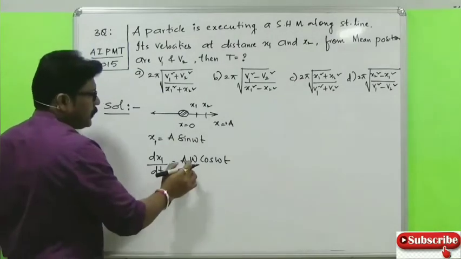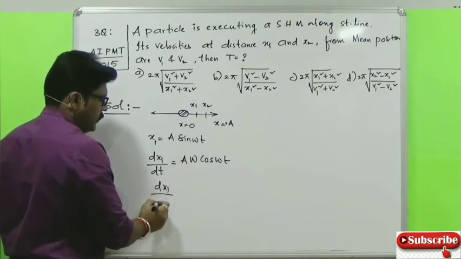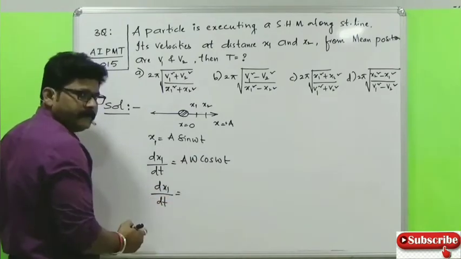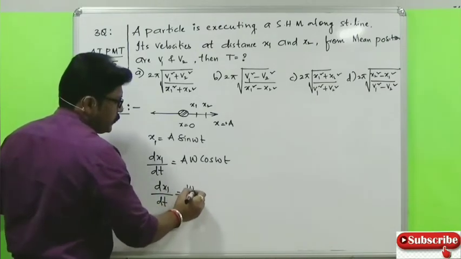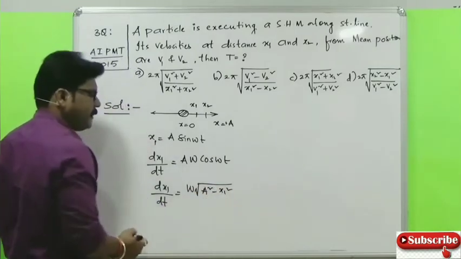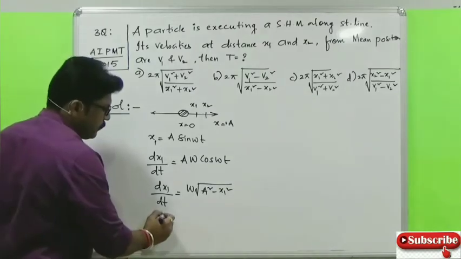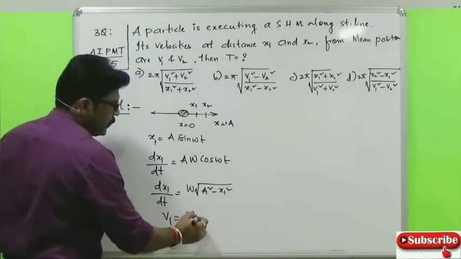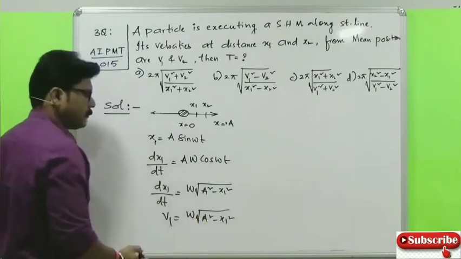Now if I simplify this, a cos omega t can directly be written as under root of a square minus x1 square. Am I right? Just now we discussed. So velocity v1 equals omega into under root of a square minus x1 square.